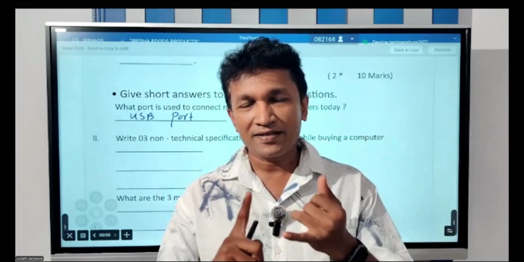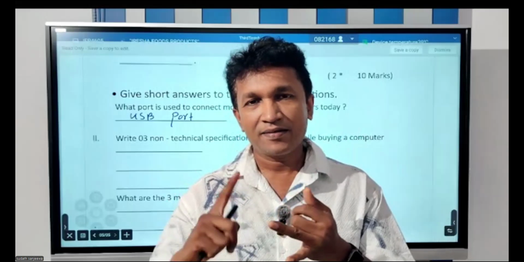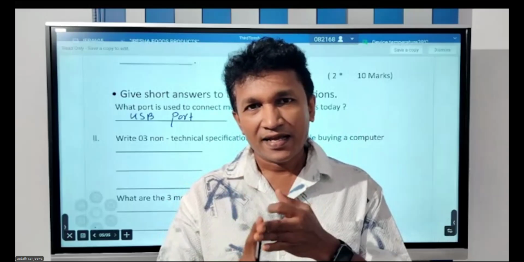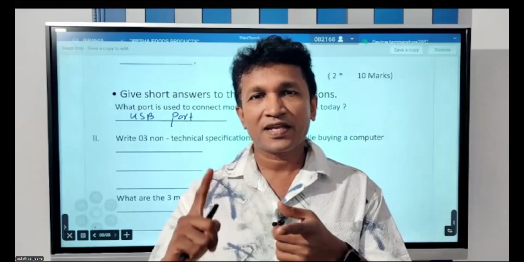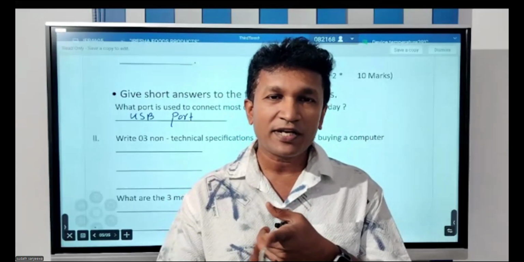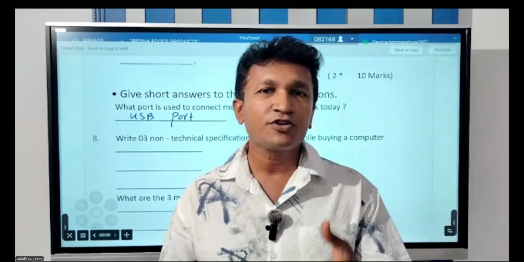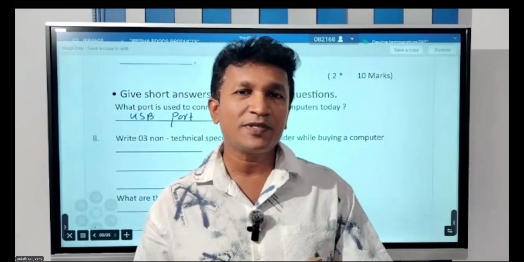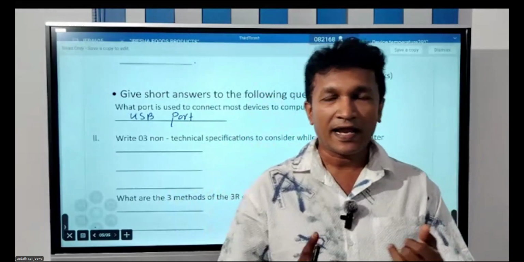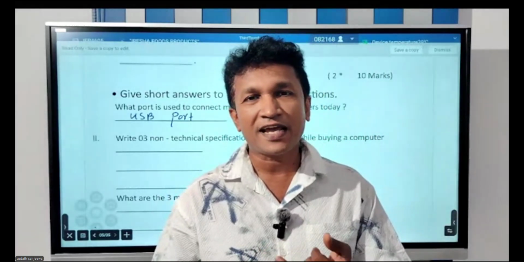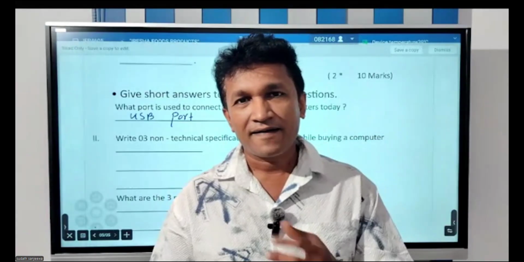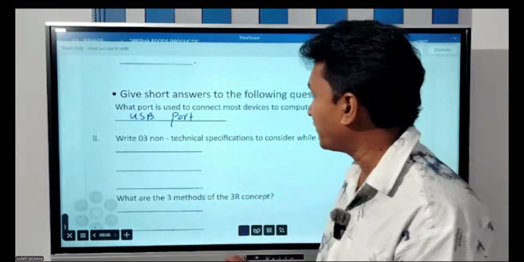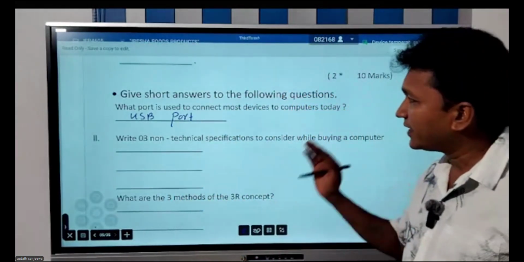Remember that: hard disk capacity, processor speed, capacity of the RAM, and the monitor size. Monitor size is also a technical specification. And the type of VGA, visual graphic adapter. Those are technical specifications.